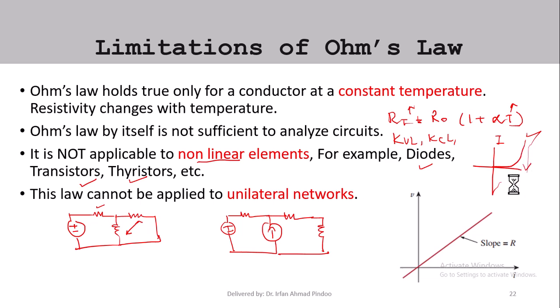In diodes, which you must have studied, the VI characteristic is an exponential curve. So these devices do not follow Ohm's law, because in Ohm's law, whenever we plot voltage against current, it is a straight line, as shown here. So it is linear. It means that the way you increase the current, the voltage will vary by the same amount.